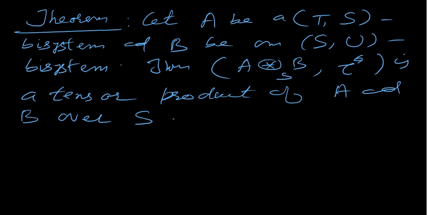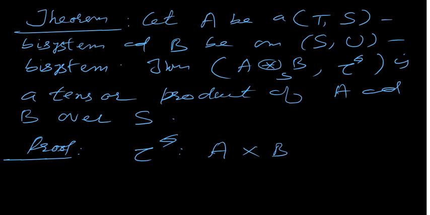So first we need to show that there is a bimap from A cross B to A tensor B. Proof. This tau natural is obviously a bimap from A cross B to A tensor B over S, which is defined by AB going to its tau class.